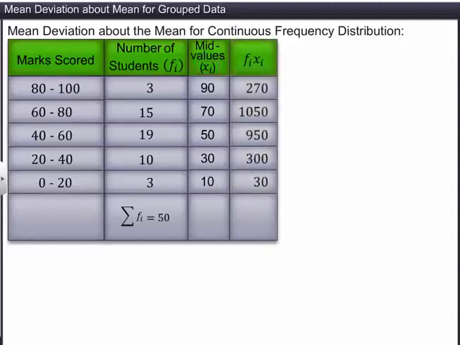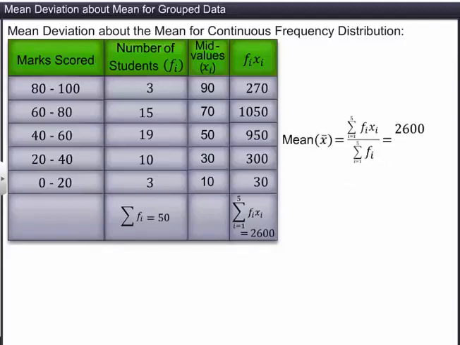Now, we'll find the product of the mid-values and their respective frequencies. The sum of the products of the mid-values and their respective frequencies is equal to 2600. Therefore, the mean x bar is equal to 2600 divided by 50, which is equal to 52.